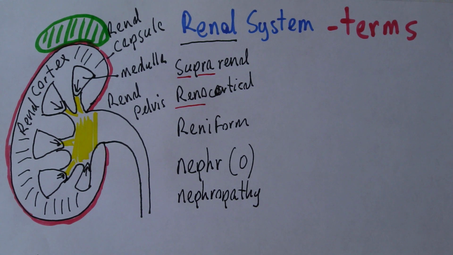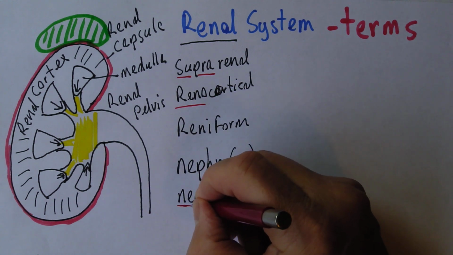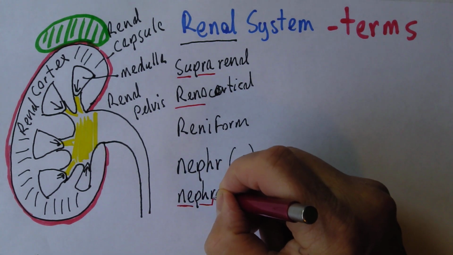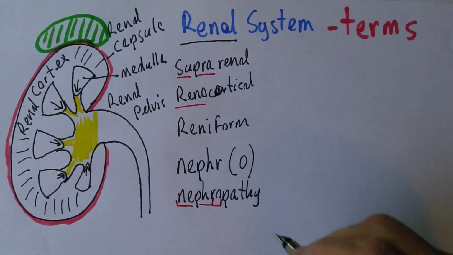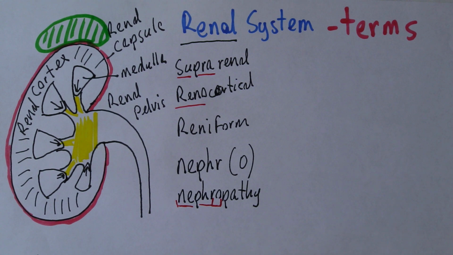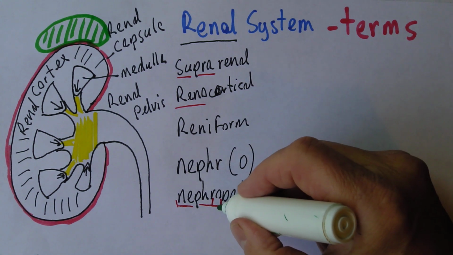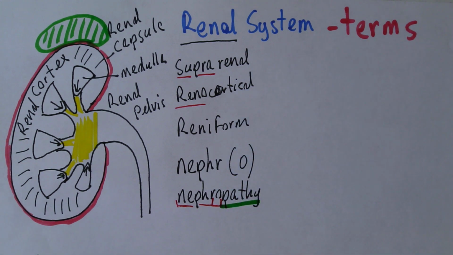So NEPHR is going to relate to the kidney, and we've got an O there, so that's also relating to the kidney. So nephro is the kidney part, and pathy, you probably know, relates to disease of. So nephropathy simply means disease of the kidney.